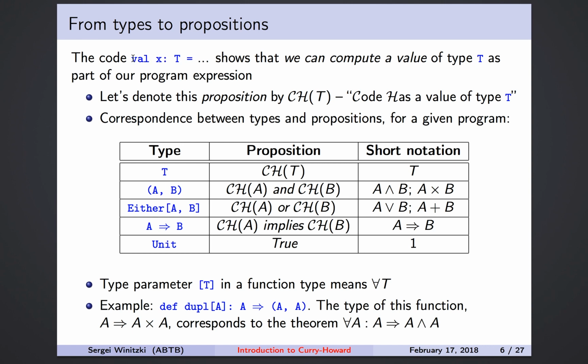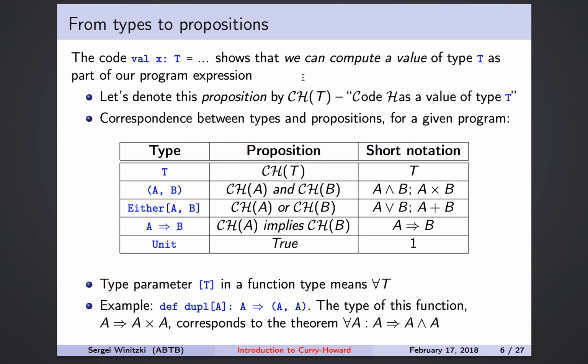So this is the proposition that corresponds to types. The proposition is that your code can compute a value of this type. Any value, some value, doesn't matter which value. The proposition doesn't know which value you have computed. All it knows is that you have computed some value of the type t, for some type t. Let's denote this proposition as ch of t. So mnemonically, this is code has a value of type t.